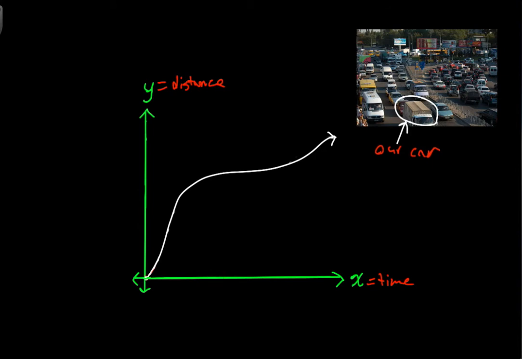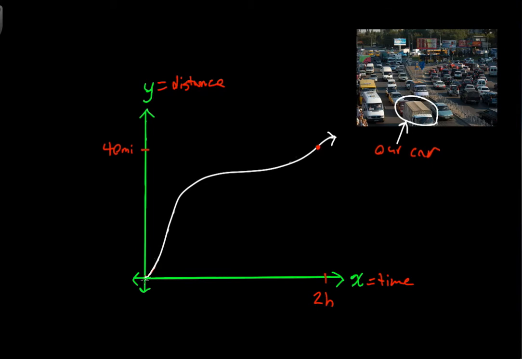So let's say in this kind of traffic-y area, it ended up taking us about 2 hours to complete our trip, and let's say we went 40 miles. Alright, so this graph is already pretty suggestive.